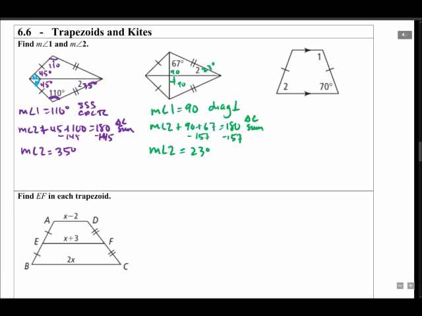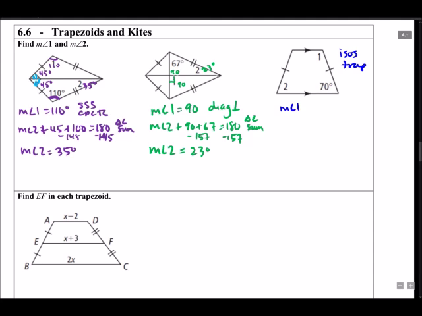Good stuff. Oh, and something different. Yay! We've got an isosceles trapezoid here, right? So how are we going to find the measure of angle 1?